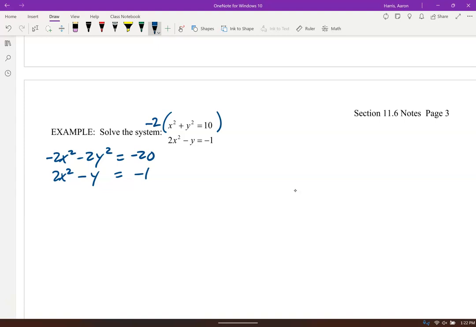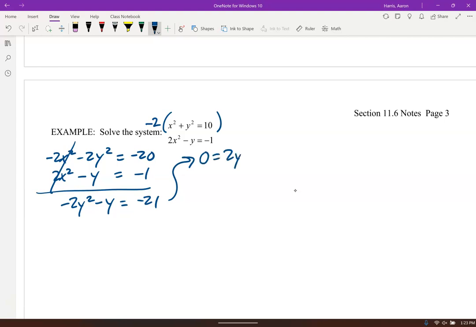And the reason I did that is because this one has a y squared, that one has a y. So it's not like they cancel each other, right? They have different degrees there. So I'm choosing to get rid of the x's. So that's gone. So I'm left with -2y squared minus y is -21. So now I'm solving a quadratic. Let me get everything on the one side equals 0.